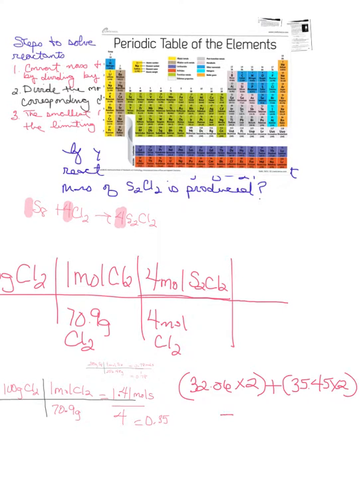This is going to be my molar mass of disulfur dichloride. I'm going to put that in my calculator. 32.06 times 2 plus 70.9. So my total molar mass for disulfur dichloride is 135.02 grams per mole.